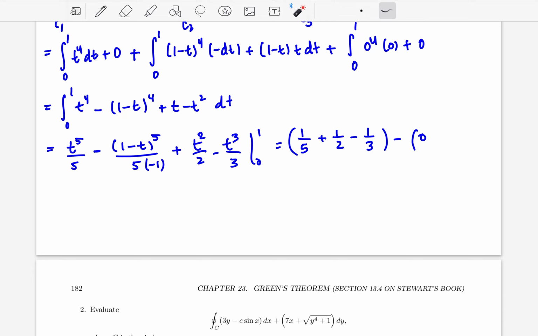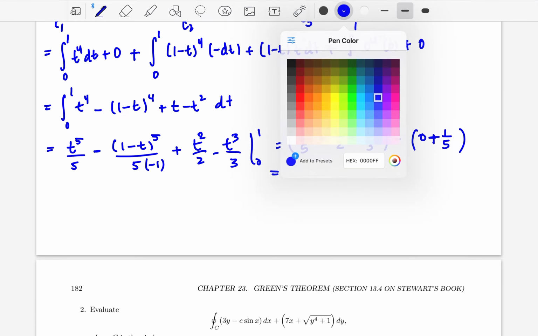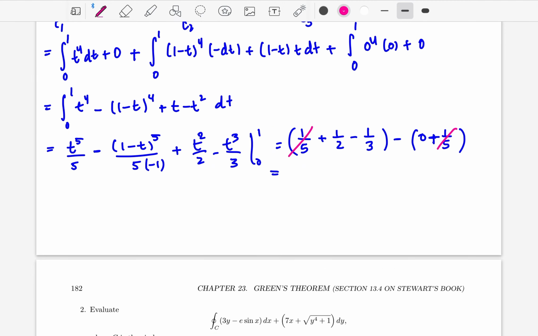Because this one is positive. So I have plus 1 over 5, and then 0 and 0, okay? So when I simplify this, the 1 over 5 goes away with the 1 over 5, and my final answer, I'm almost done, is equal to 1/2 minus 1/3, which with common denominator 6, 6 divided by 2 is 3, minus 2, is 1 over 6.